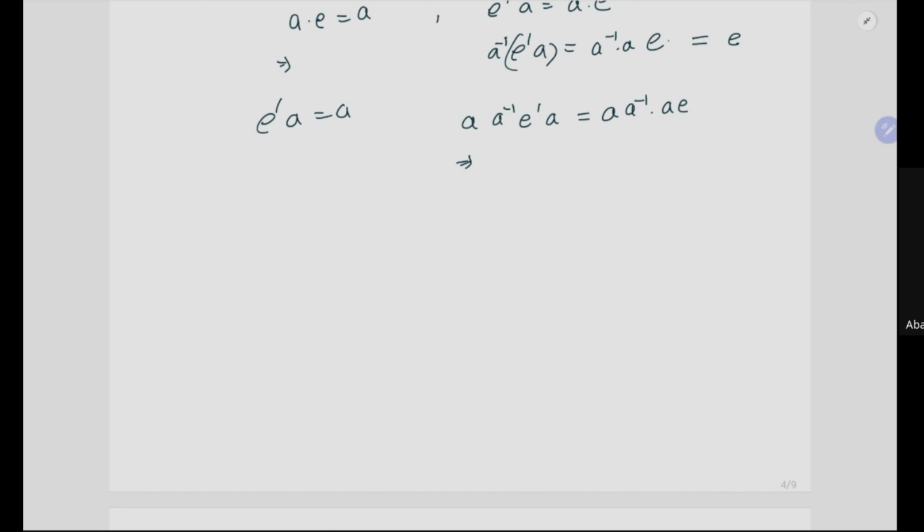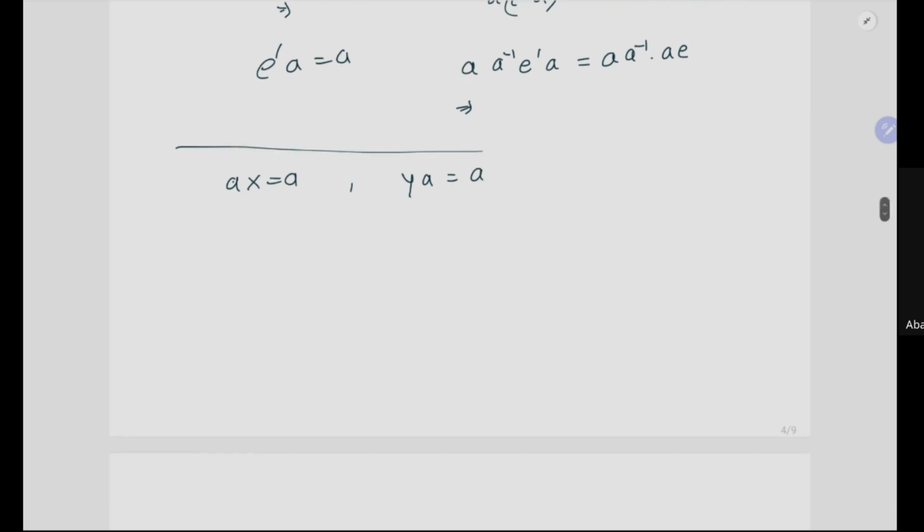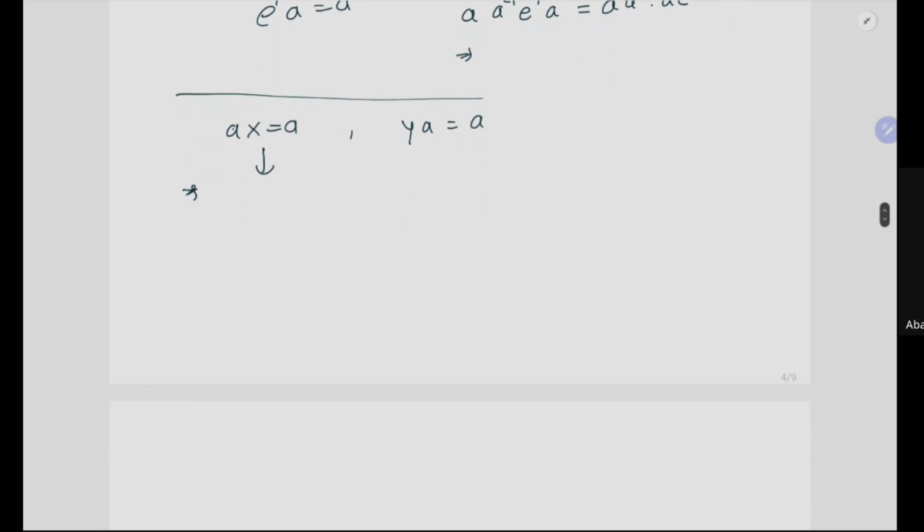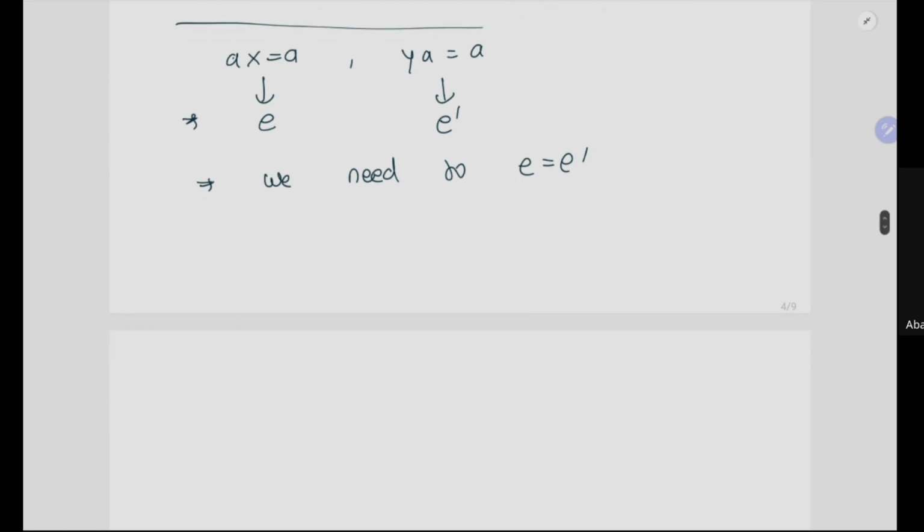Okay. So let us say our AX is equal to A was there, and YA is equal to A was there, right? And we were saying suppose the solution to this is E and this is E dash, and we need to prove E is equal to E dash, right?